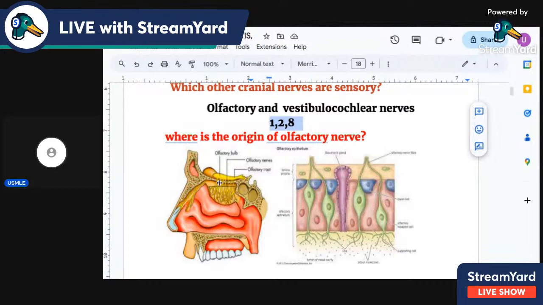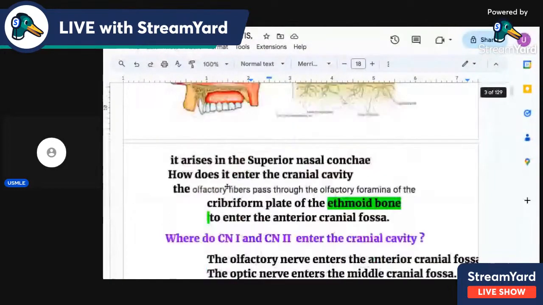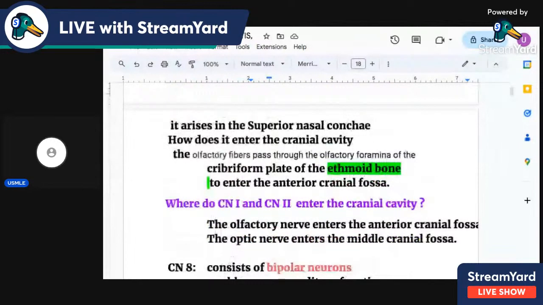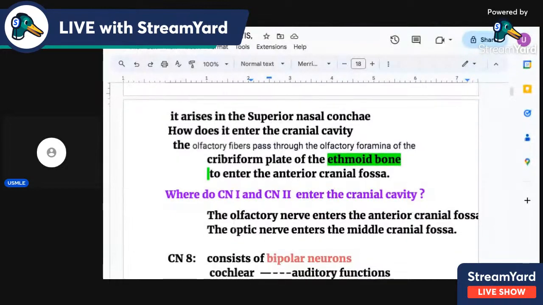All these are important from the exam point of view: they begin in the upper nose, then pass through the cribriform plate of the ethmoid bone, and form the olfactory bulb and tract. Then it enters the cranial cavity in the anterior cranial fossa. And the optic nerve enters the cranial cavity in the middle cranial fossa.